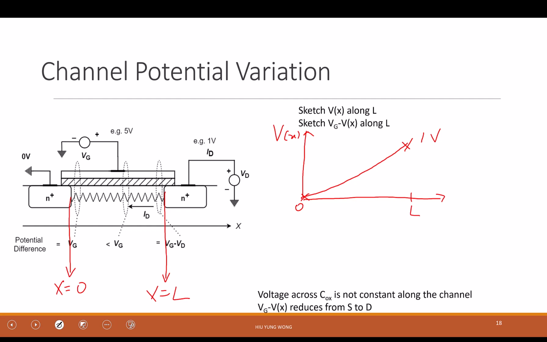We don't know, but you should have the concept that it's increasing, which is common sense, right? The ball is rolling from the top of the hill to the ground. Of course, this is opposite, so the potential keeps reducing. Then I want to know the difference between the gate voltage and Vx, which means Vg minus Vx.